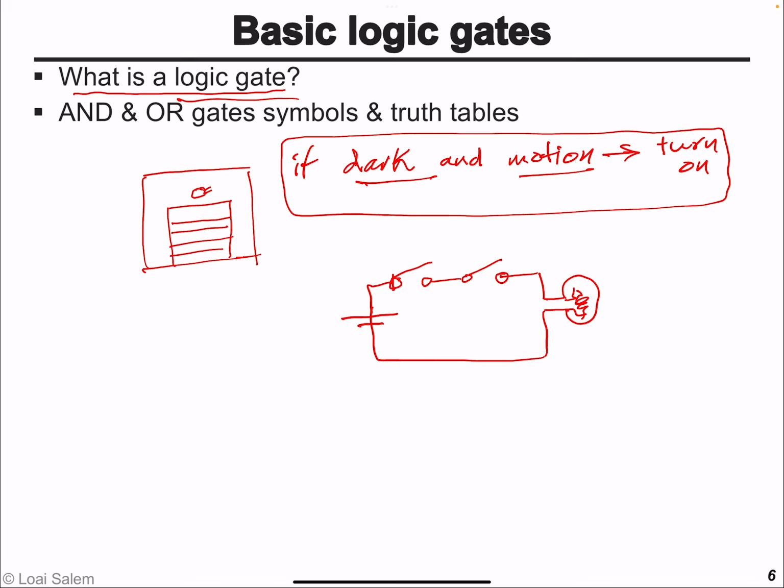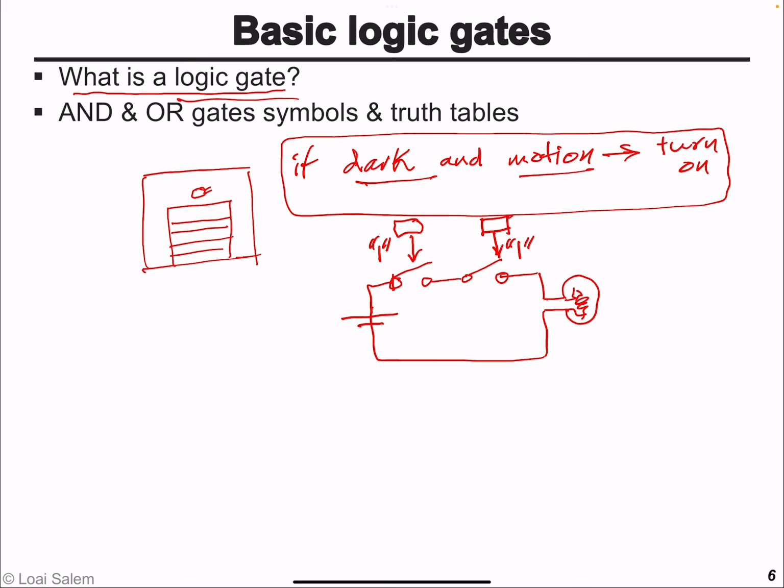And we connect two switches in series. So we're going to have a light sensor. Assume that the light sensor is going to output logic 1 when it's dark. And we'll have another sensor, a motion sensor, that's going to output logic 1 if there is motion.